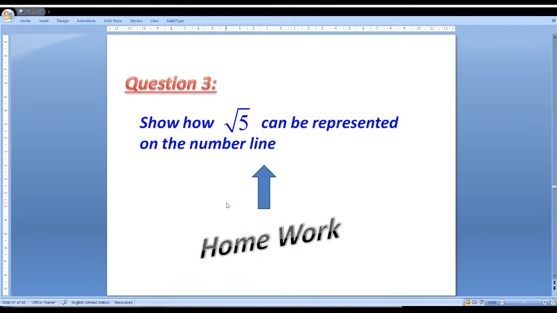Now this is homework for you. How can root 5 be represented on the number line? This is question number 3 of exercise 1.2. Write it down in your notebook. How to locate root 5 on the number line?